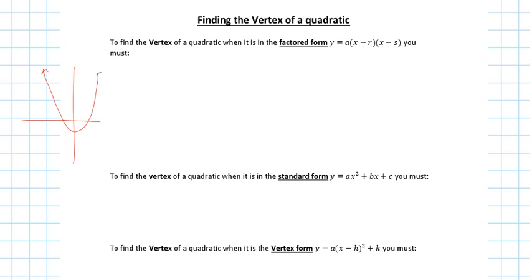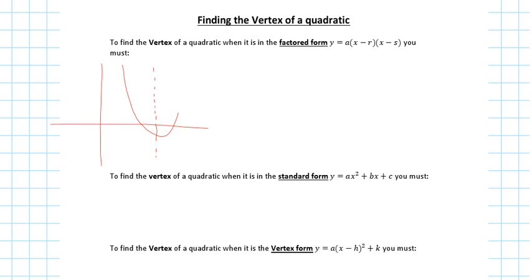So let's say my axis of symmetry is here, and then I have my graph. From here to here, they're equally distant. From here to here, they're equally distant. That's what symmetry means, and that's the beauty of the parabola, because it's symmetrical.